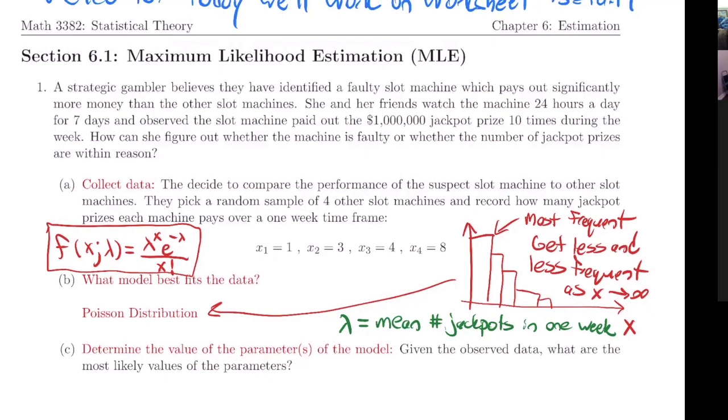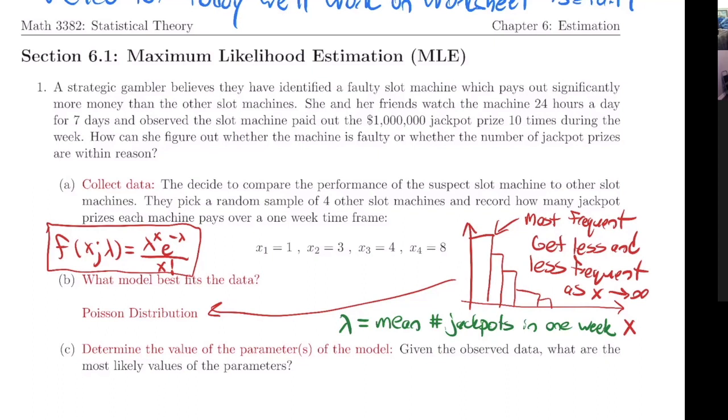The idea is, for example, if we are thinking about slot machines and how frequently they pay out jackpots, and we don't know what the model is for how many jackpots are paid out on average over a week span, we collect some data to try and figure out what that model might be.